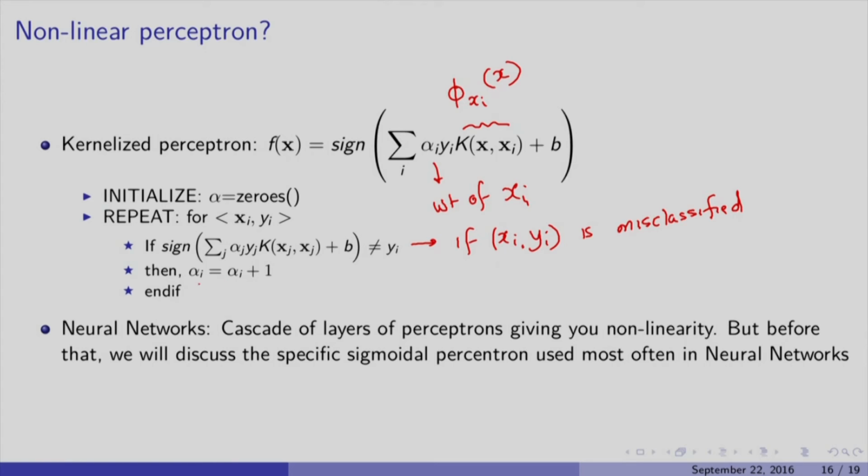Here the update is very simple: alpha is incremented by 1, but one can show that this increment of 1 in alpha space corresponds to the yi times phi of xi update in the space of features phi. One can similarly analyze the convergence of the kernelized perceptron, and this will be left as a homework problem.